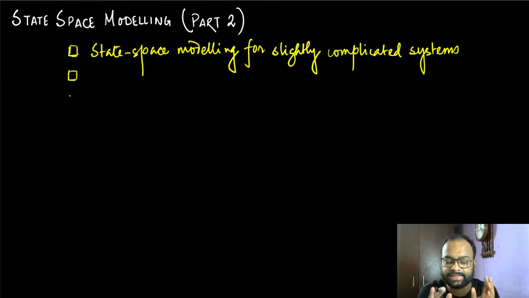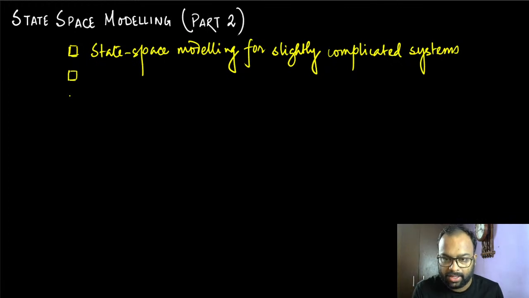We are going to learn a standard way, because I told you in the last class, and we're going to prove it in the next class, that one unique system that has just one transfer function model will have infinitely many state space models.